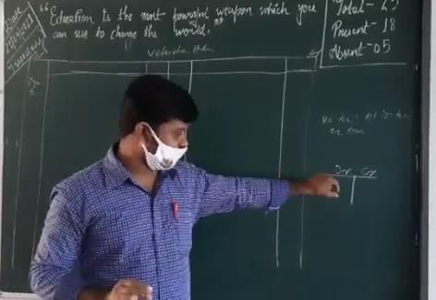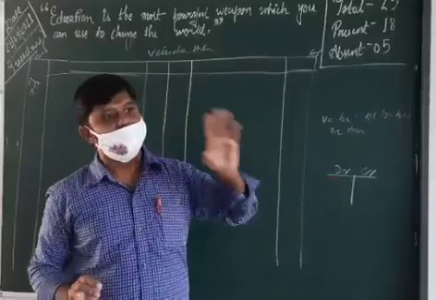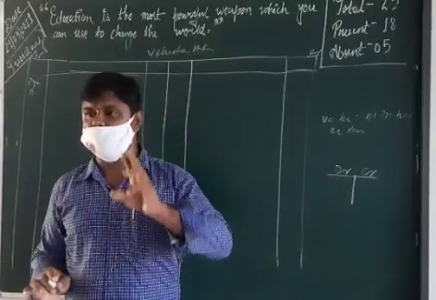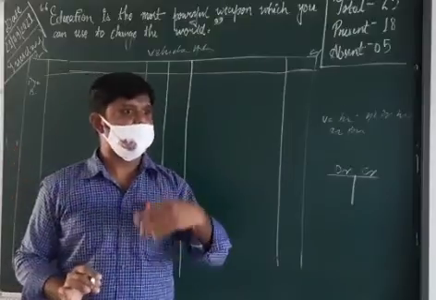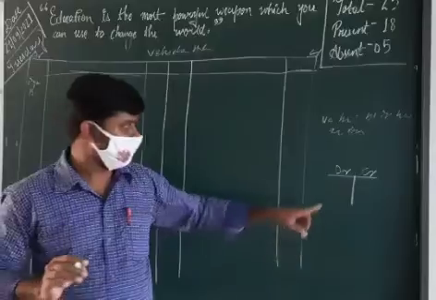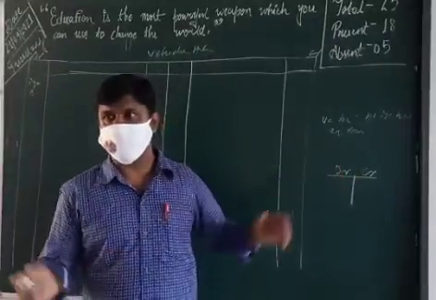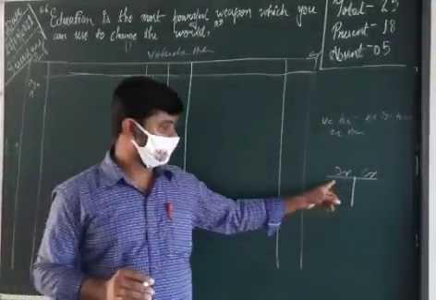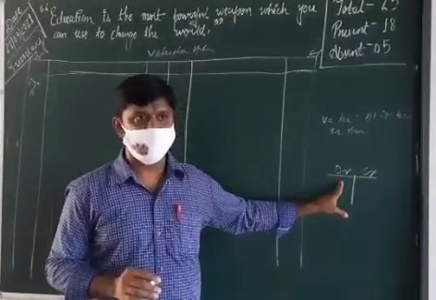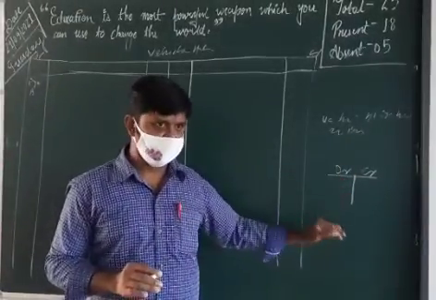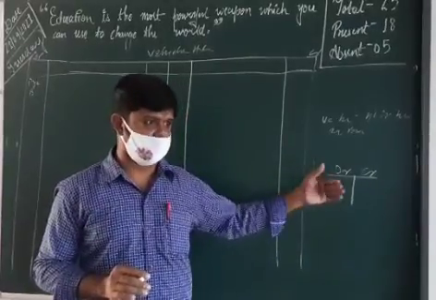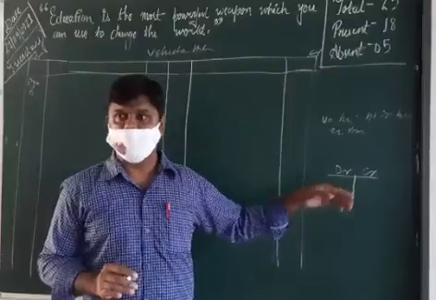To bring some amount here, we are using certain rules. The rules are what I already said. If you have not learned, you go behind. That is very important. When assets or expenses are increasing, we debit. When they are reducing, we credit. And at the same time, when income or liability are increasing, we credit.